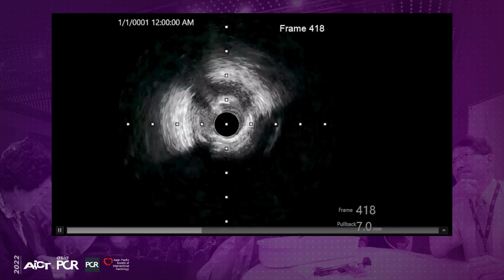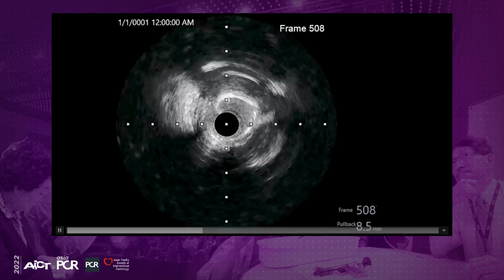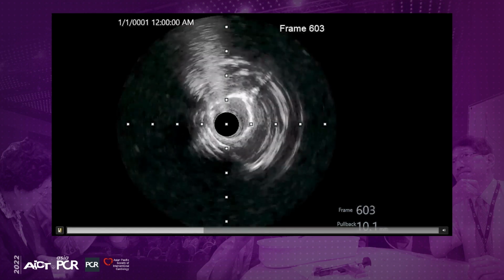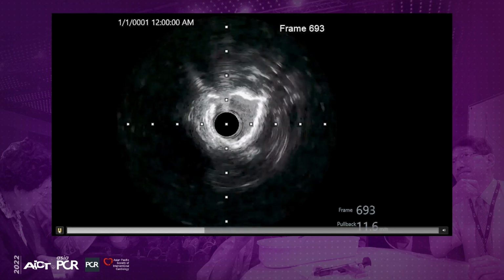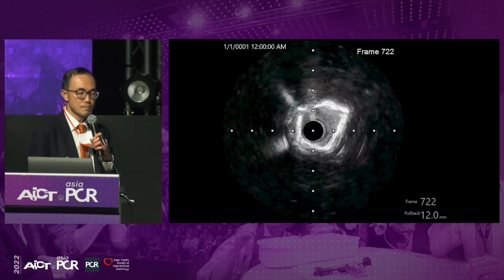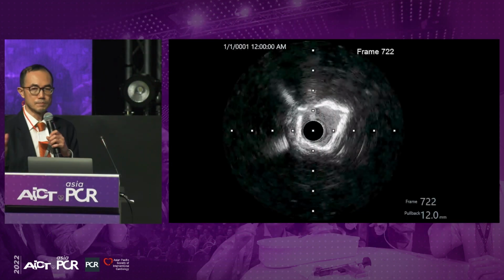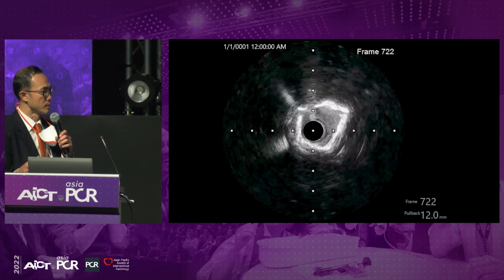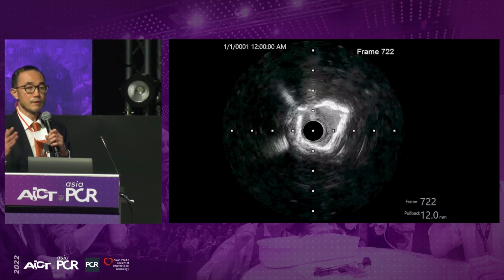So this is a repeat IVUS after we have done further lesion preparation. Before I continue with the rest of the IVUS, a point I'd like to make is that after any significant lesion preparation, it's always good to repeat your intravascular imaging to know what you have achieved with what you had decided on.